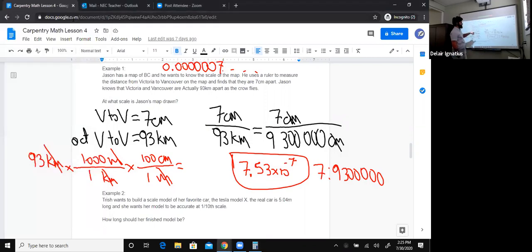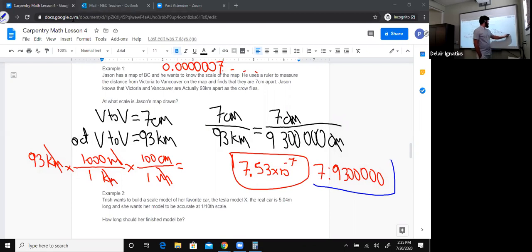So we can't simplify this anymore. If 93 divided by 7, I could have written this maybe as 1 to some number, but in this case, it doesn't work out quite that nice for us. I would prefer to have scale written as this, the 7 to 9.3 million, rather than just a number, but it's equally correct and you can still work through problems in the exact same way.